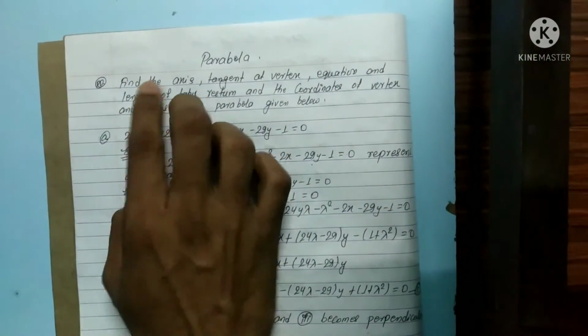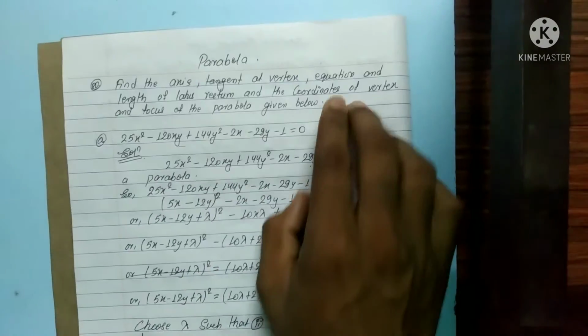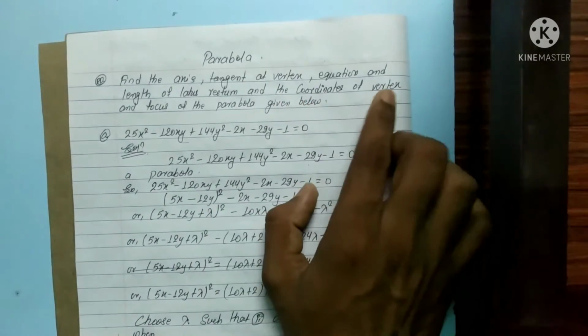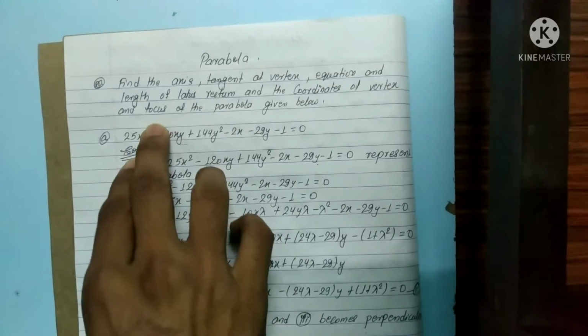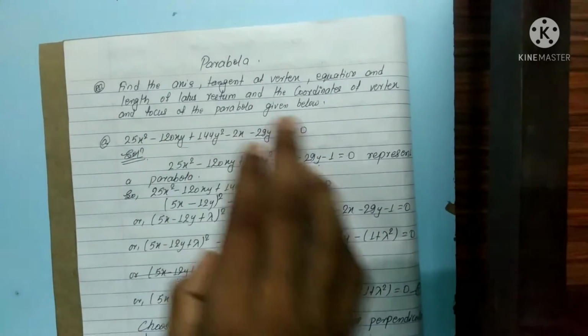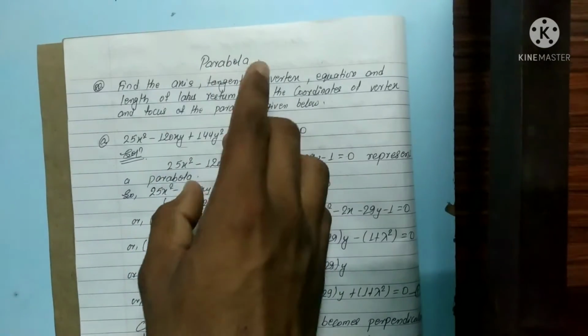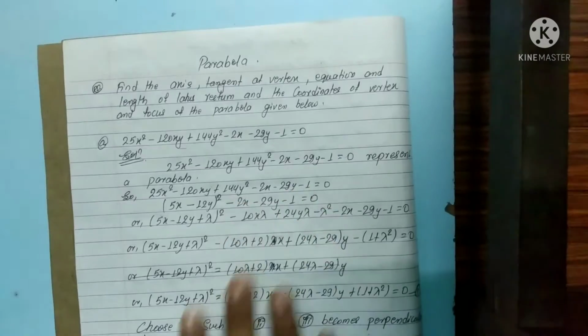Find the axis, the tangent at the vertex, the length of the latus rectum, and the coordinates of the vertex and focus of the parabola given below. This equation we have, and now we find this equation's axis, tangent, equation of the latus rectum, and coordinates of the vertex and focus of the parabola.